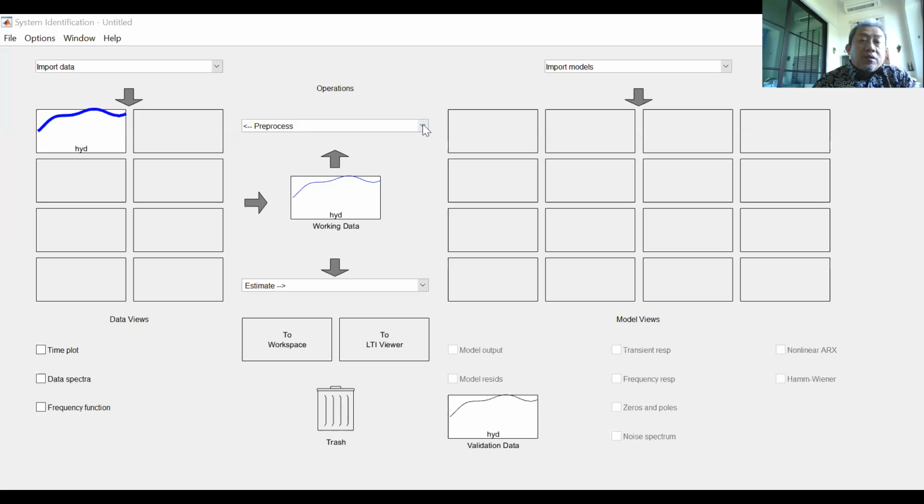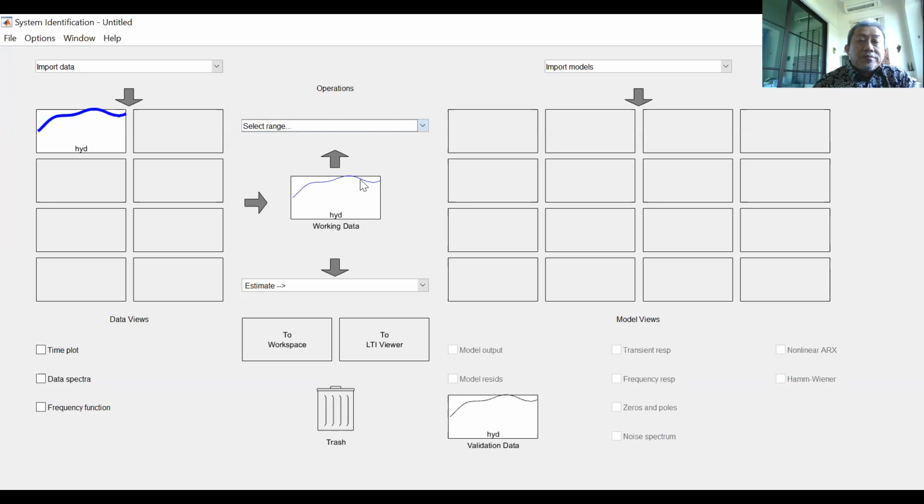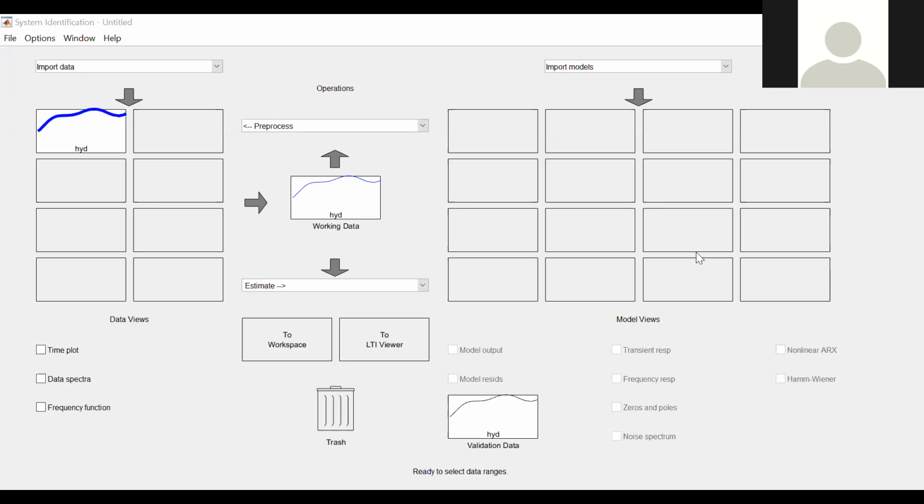Okay, pre-processing. Data dah okey, cuma kita kena buat select range. So kita ada 1200 kan? Bagi 2 berapa, Zul? 600.